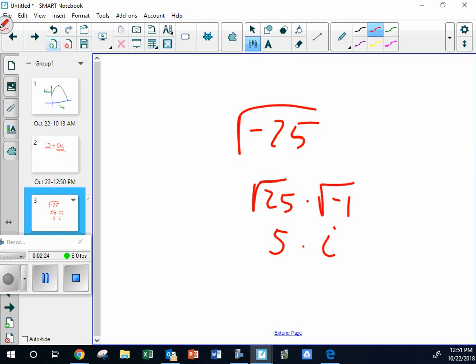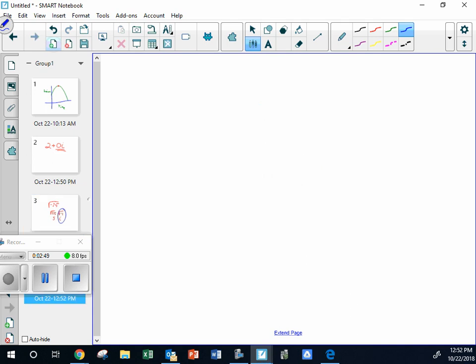Now, I know this part right here is confusing, but mathematicians just had to make up something for it that would be easier to write and carry around than the square root of -1. And so they said, hey, let's just let the square root of -1 be called I. And then wherever you would have written the square root of -1, we could just write an I. That way you can have things like 25i squared even in an answer.